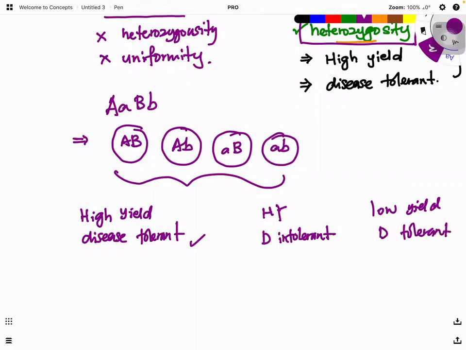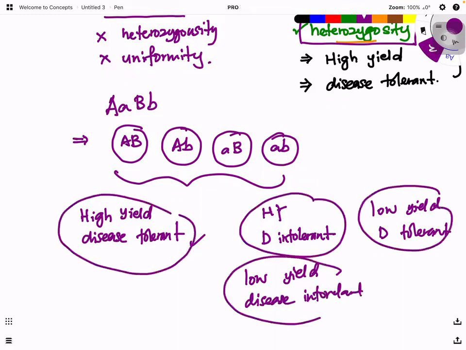Or even worse, you get low yield and disease intolerant. So overall, you can see that you have 4 different varieties already, so therefore no uniformity. And this one is homozygous. This one also homozygous, but useless. Are you clear? Okay, the last one, homozygous, useless.